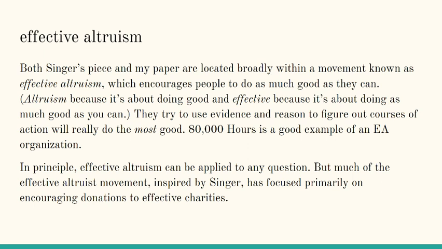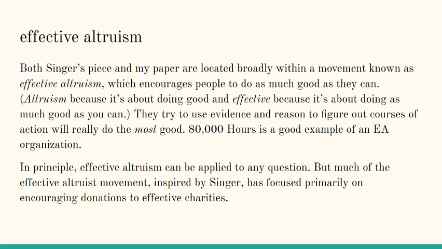It's called effective because it's about, let's use evidence, reason, to figure out what is the most effective way to do good. If I give money to this charity, will I do more good than if I give money to this charity? That sort of thing. If I go into this career, will I do more good than if I go into this career, etc. So 80,000 Hours, this organization that I talked about in my chapter, that's an effective altruist organization.